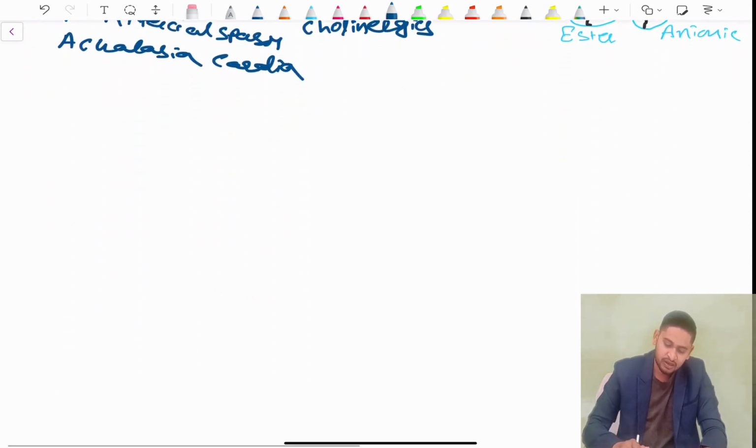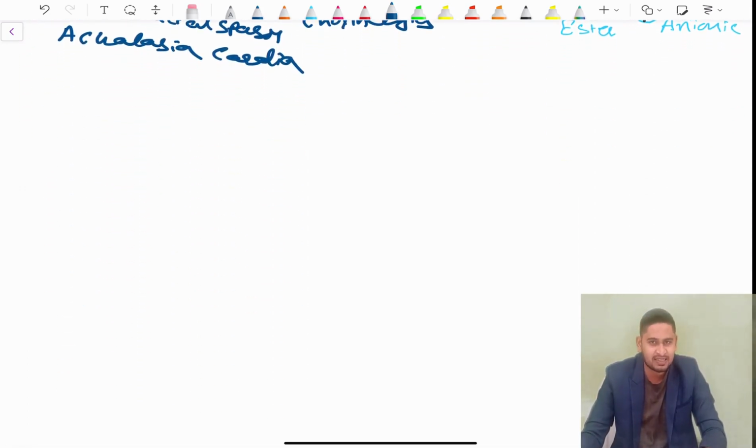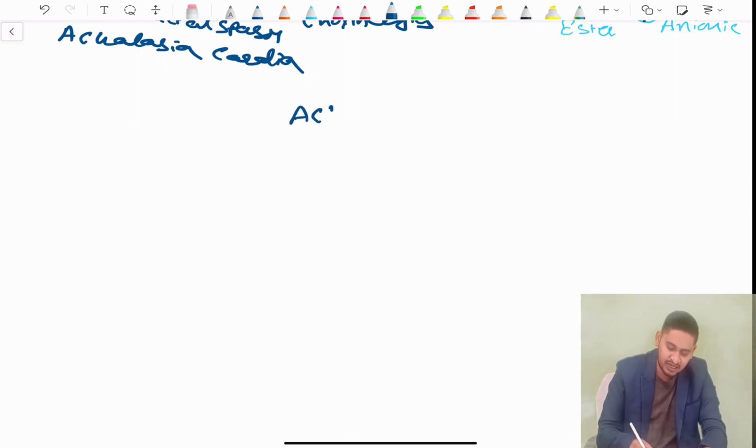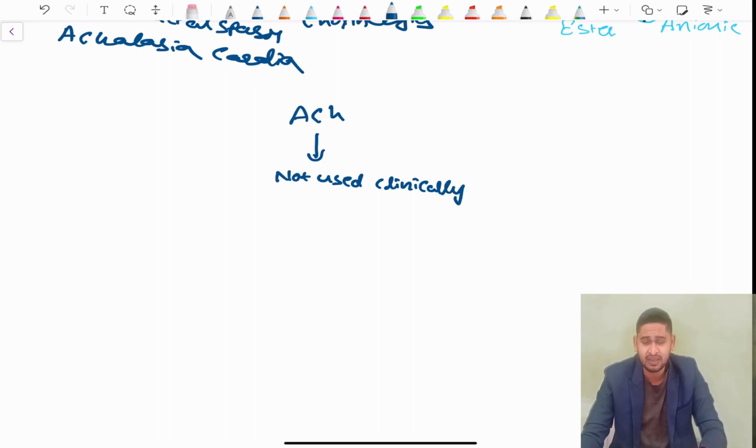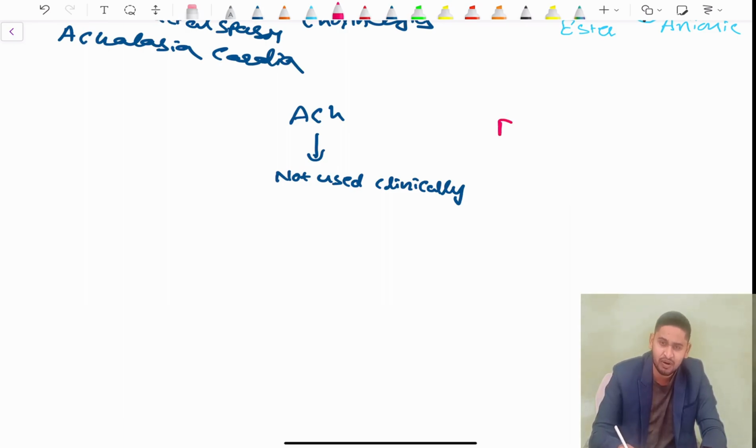Let's move to the uses of acetylcholine. This acetylcholine is not used clinically. The reason being, when acetylcholine is given through the bloodstream, there are a particular series of enzymes called esterases present in the plasma, hence called plasma esterases.